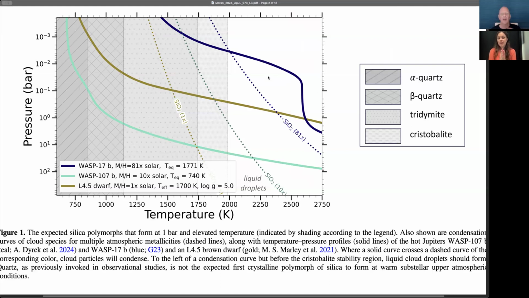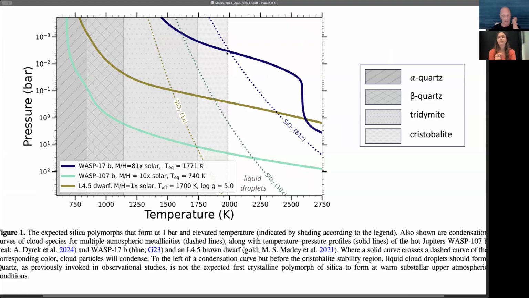Condensing before any of those gray boxes, you should actually be condensing a liquid particle, so it'd be melt versus droplets here. If we see that crossing for WASP-17b around 2000 Kelvin at almost a millibar, the stability region for that crystal should be cristobalite, not quartz.